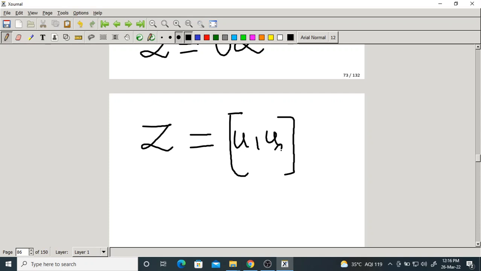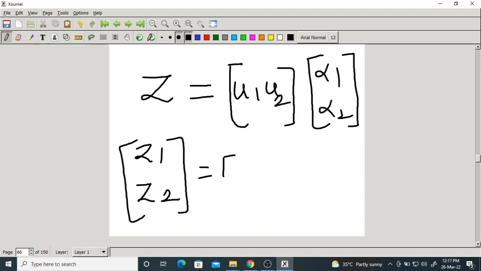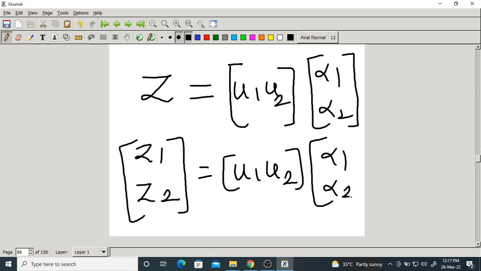Next, alpha 1, alpha 2. Z contains z1, z2. So (z1, z2) equals [u1, u2] into (alpha 1, alpha 2).